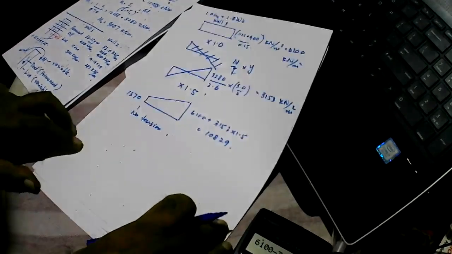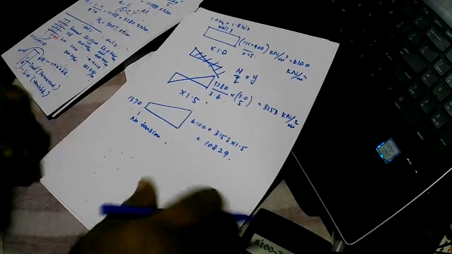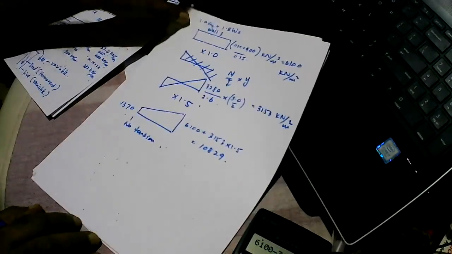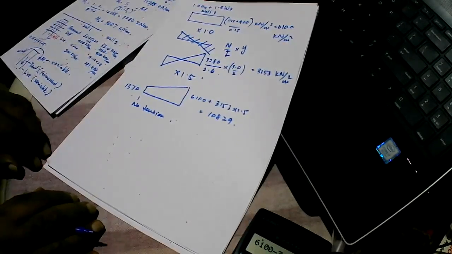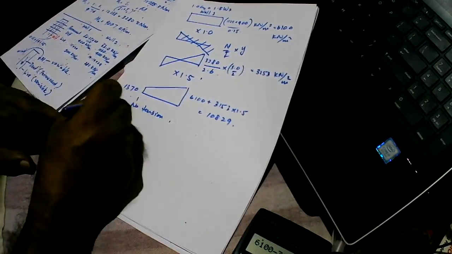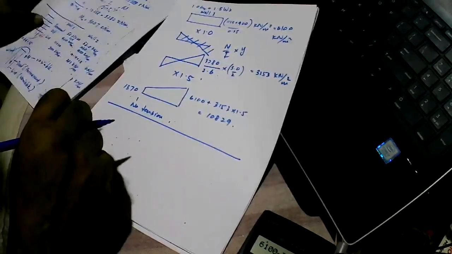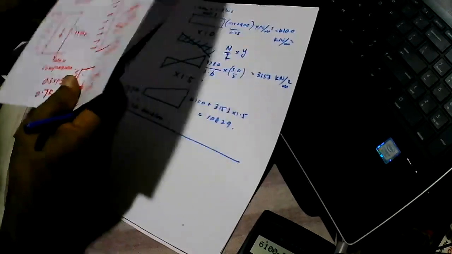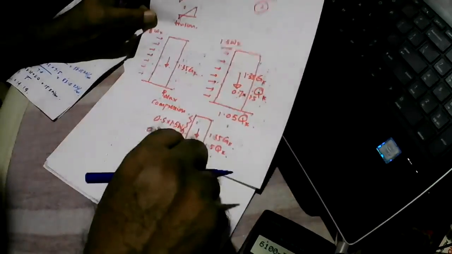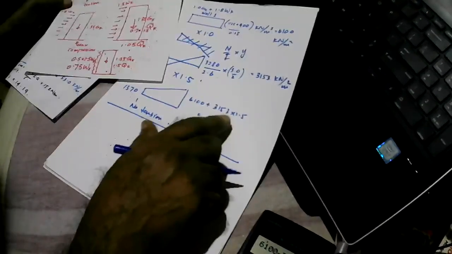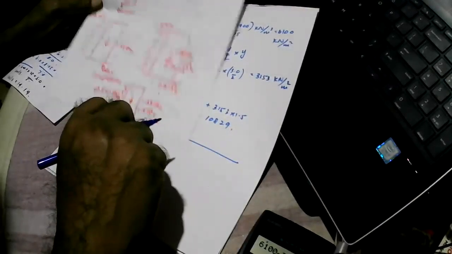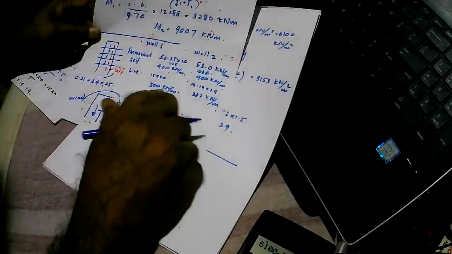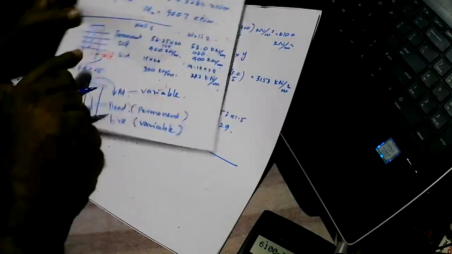So wind load is not sufficient to cause tension, or we can say there's adequate self weight and the loads transferred onto the wall, so that no tension occurs. So that is one of the cases. Then out of all the other cases, I will consider this particular one, because the stress due to wind is 3,153, and stress due to live load will not be that high because live load is only 300 kilonewtons per meter.